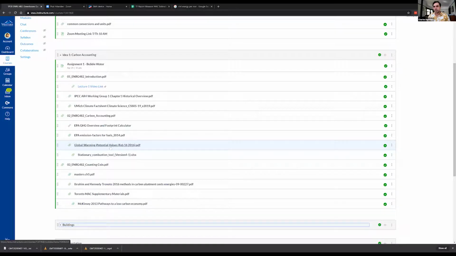So this is what we'll use for the class, this PDF here. There's a little, this is the GHG protocol footprint. Here's that stationary combustion tool, emission factors that we already saw. Yeah, so this is basically all the tools you'll need to count carbon.